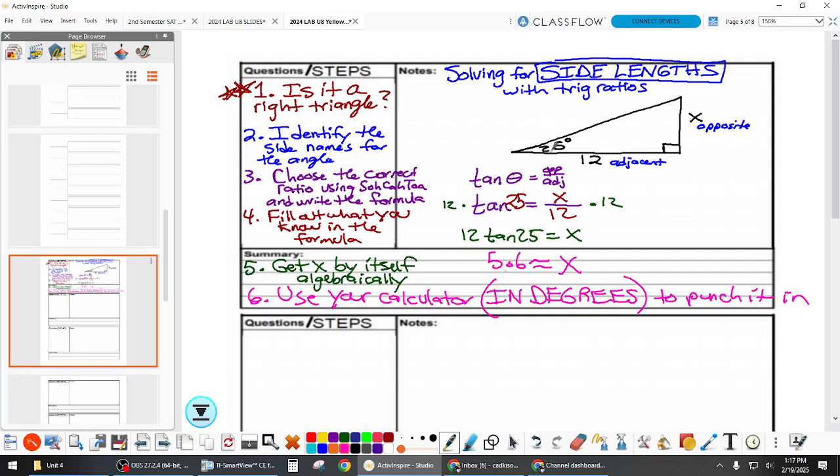Okay, type in tangent of 60. So don't draw this on yours, but think about a 60 degree angle. That side is taller now, right? And this side is shorter. So tell me what the value of tangent of 60 is.